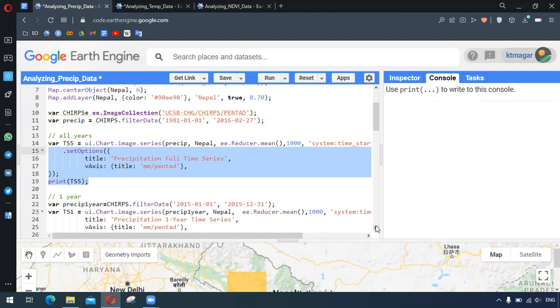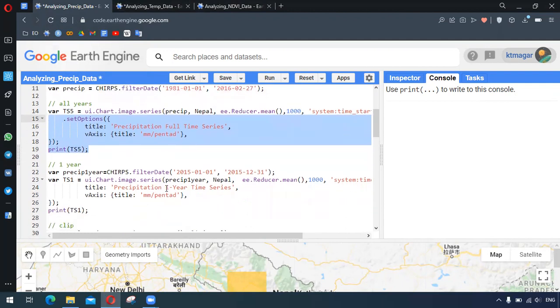And even for a single year, this can be done by filterDate, and this one is for a single year, starting from the first month to the 12th month of that year. And this chart making process is done by ui.Chart.image.series. As soon as we write this, we can go through other parameters inside this.